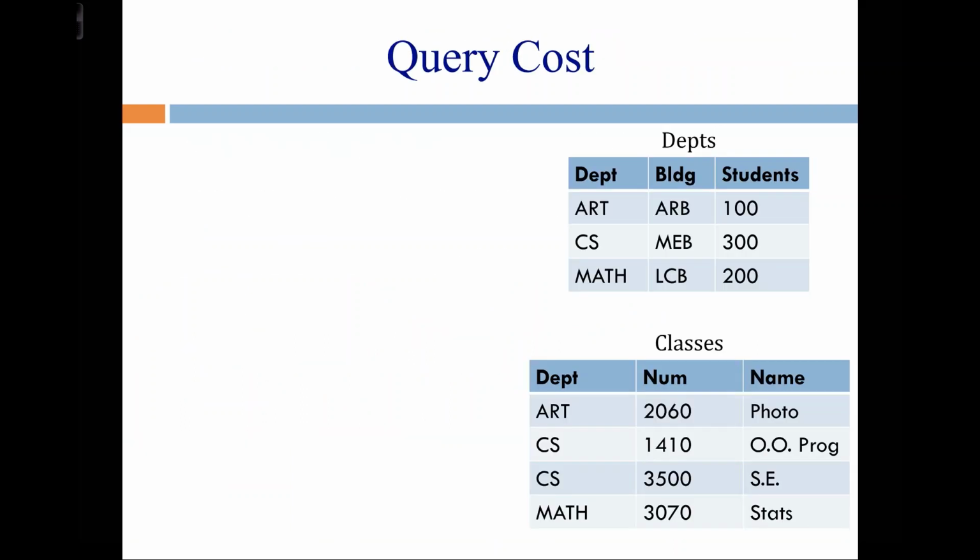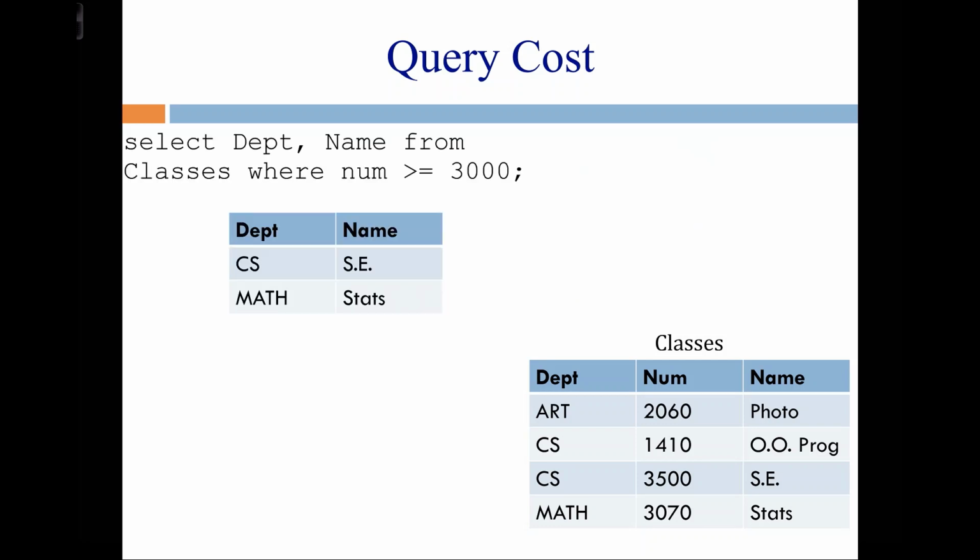So we're going to look at some simple examples where we're going to try to estimate the cost of various queries, and we'll use this simple example database, kind of like an alternative LMS where I have classes and departments. And in this case, the department in the classes table is going to be a foreign key into the departments table.